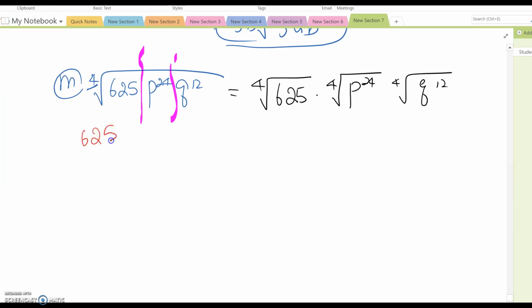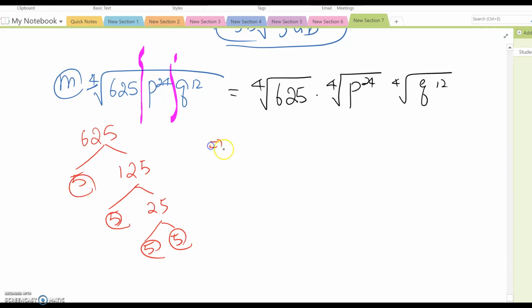So 625 means 5 times 125. This is 5 times 25. This is 5 times 5. So 1, 2, 3, 4. And then this one case, p to the 24, right?